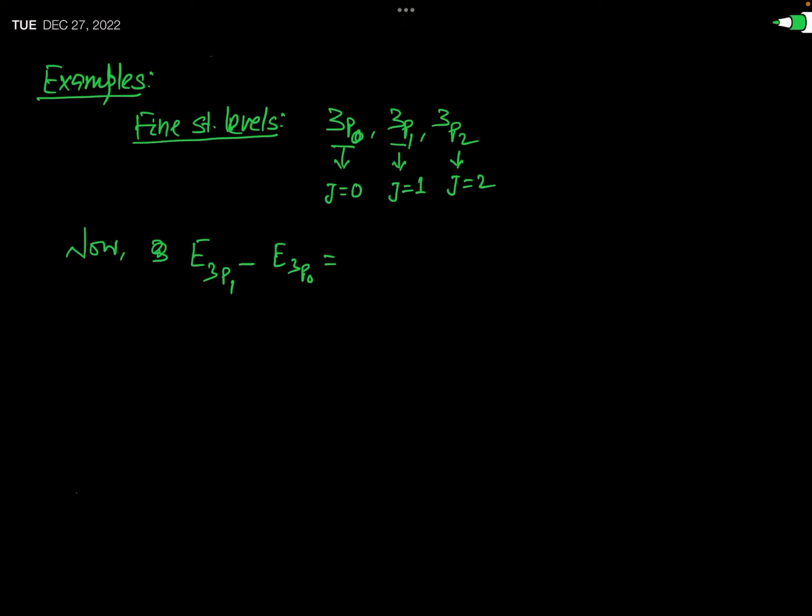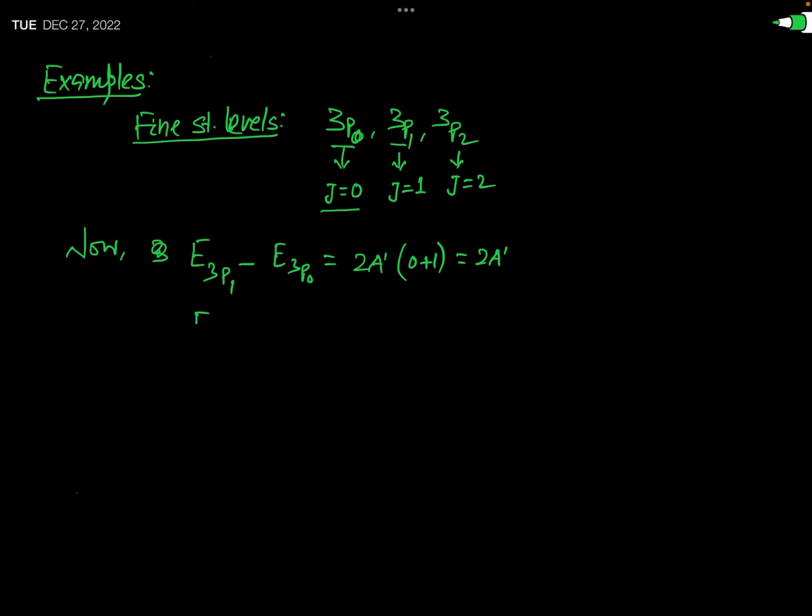And in this case, what will be the difference of the energy? This will be 2a prime times j plus 1, and if you consider the value of j equal to 0, this is 0 plus 1, and this will be 2a prime.